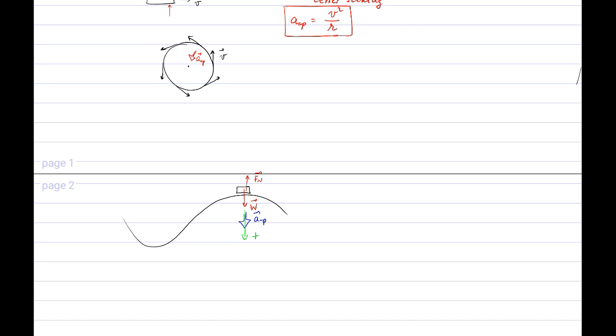So now when we write our sum of the forces equals mass times acceleration, the force that points down is the weight, and the other force is the normal force. So sum of the forces is weight minus normal force is equal to the mass times the centripetal acceleration. Now, we have come into the habit of calling this the centripetal force.